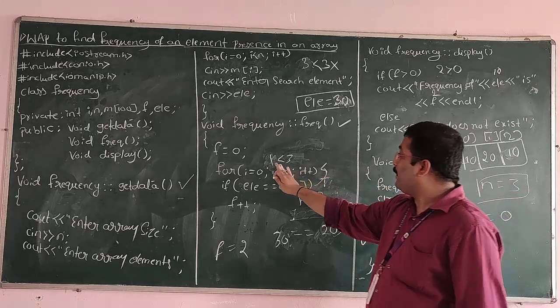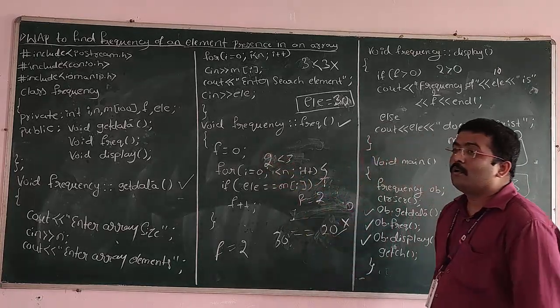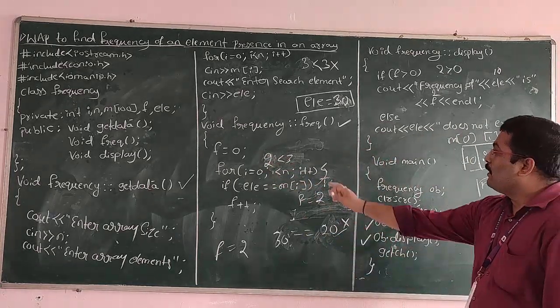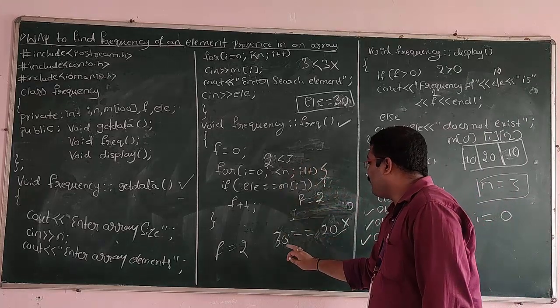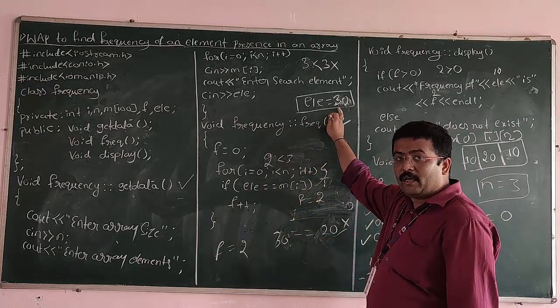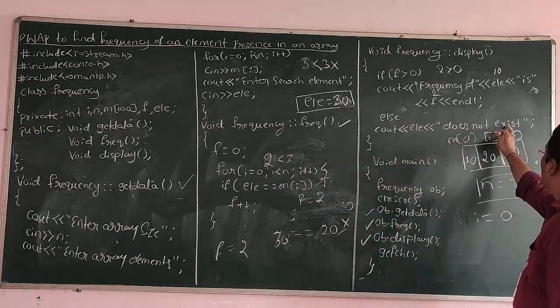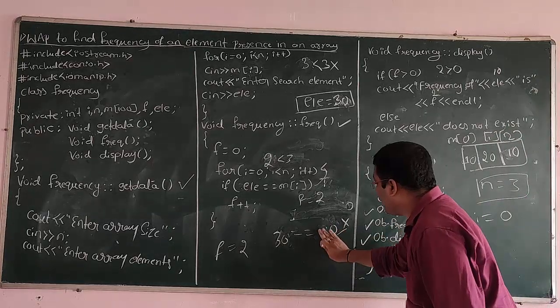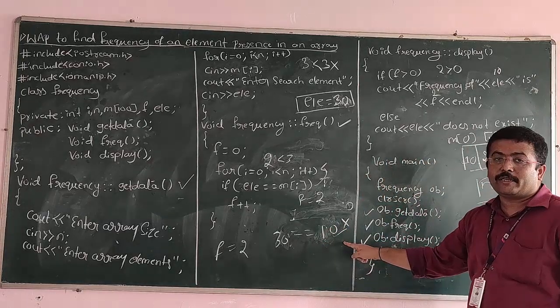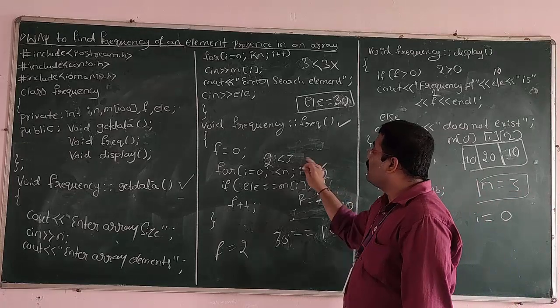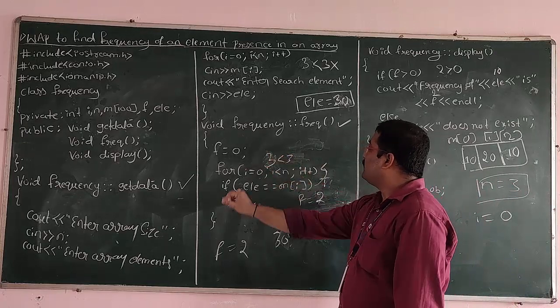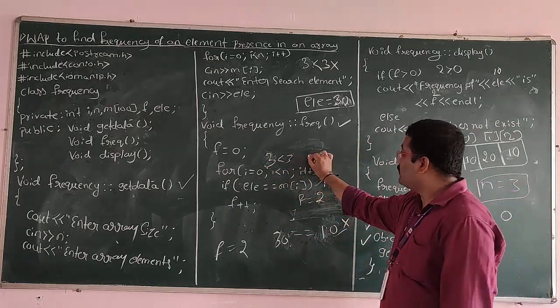The i value is incremented again, i becomes 2. Is 2 less than 3? Yes, the condition is true. The search element is 30 now and m of 2 is 10. So 30 equals 10? Again the condition is false. i is incremented, and 3 is less than 3? The condition is false.